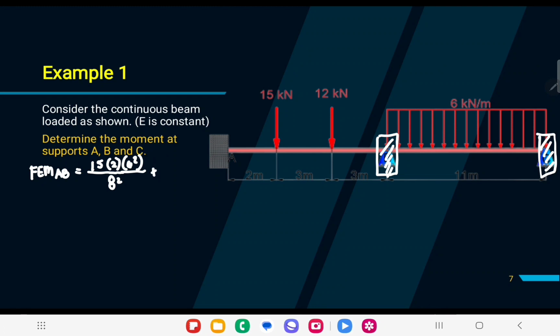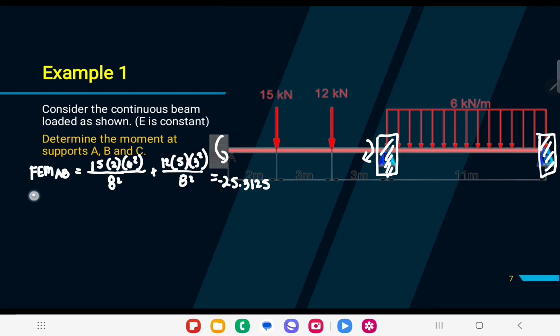And for the 12 kilonewton load, 12 times 5 times 3 squared all over 8 squared. Therefore, the moment at A is equal to 25.3125. Since our assumption is counterclockwise, we have moment negative 25.3125.